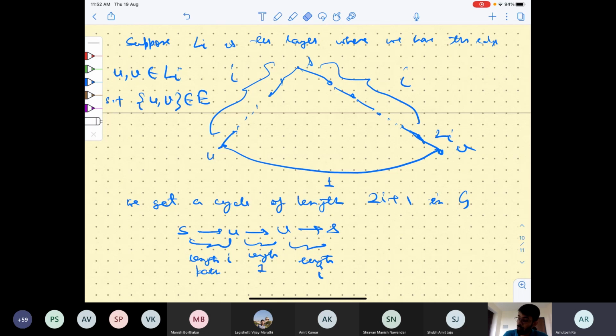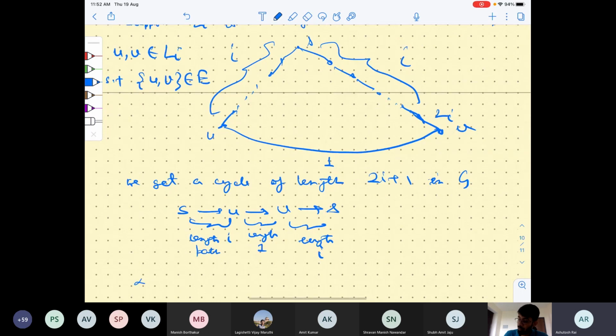And then by definition 3, G is not bipartite.